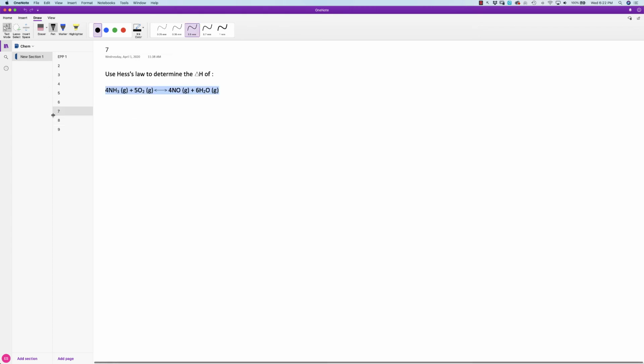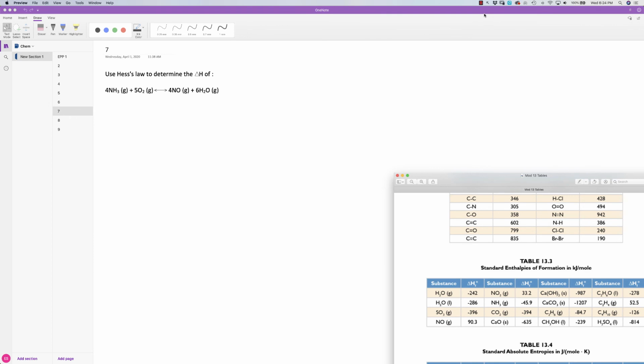We're almost done already. Okay, for number 7, it says use Hess's law to determine the enthalpy of formation. In Hess's law, we've got our chart right here. So we just look up each value. We have NH3 in a gas phase. So we come down here, here's NH3 in a gas. It's a negative 45.9.